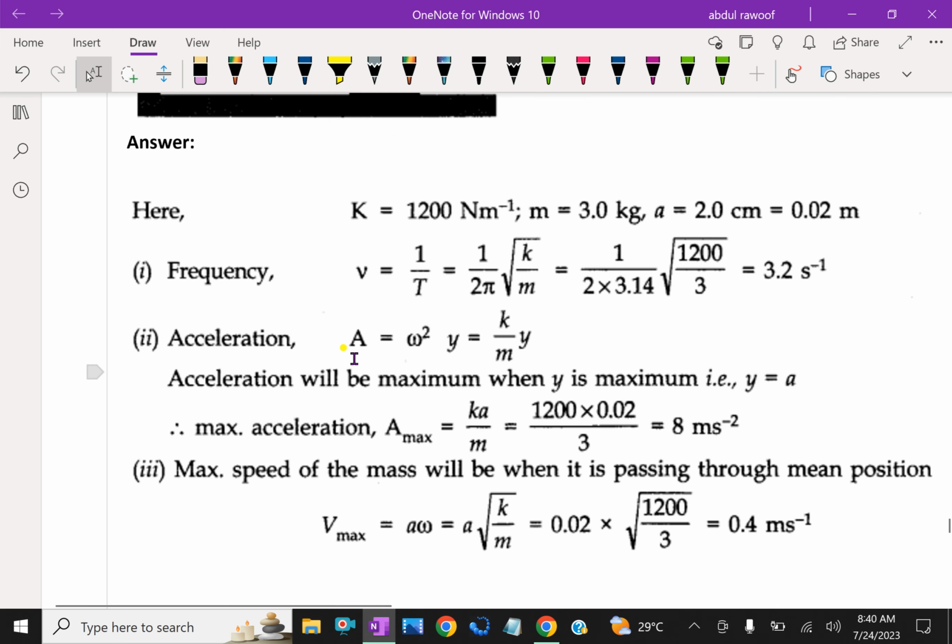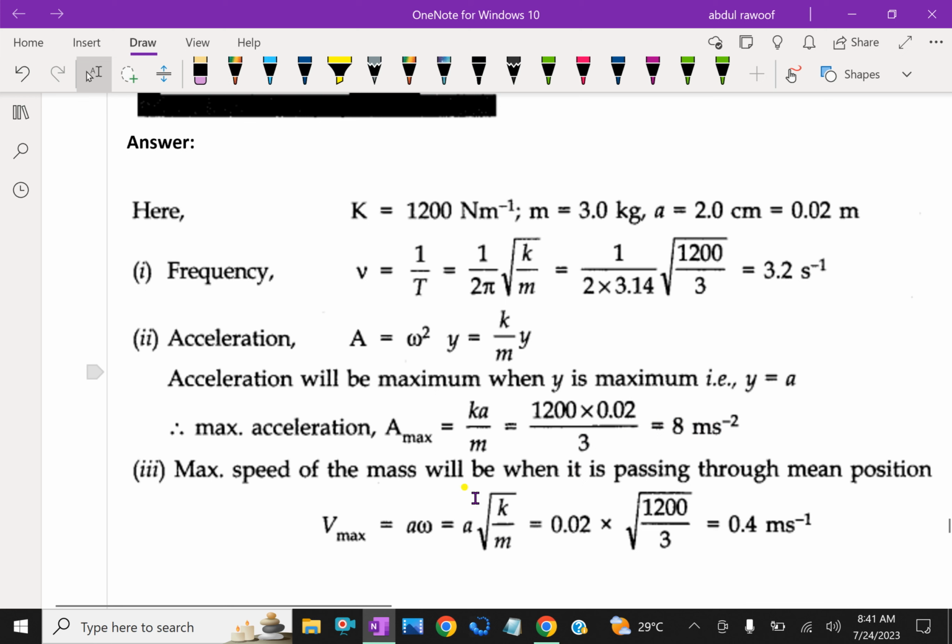Acceleration formula is omega square y, that is k by m into y, since omega square equal to k by m. Acceleration will be maximum when y is maximum, that is y equal to amplitude. So maximum acceleration is k a by m, that is 1200 into 0.02 by 3, mass is 3, so it gives 8 meter per second square.